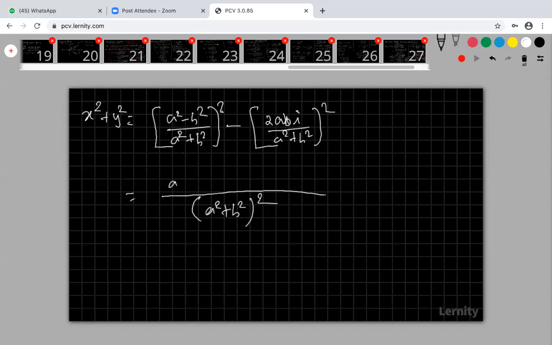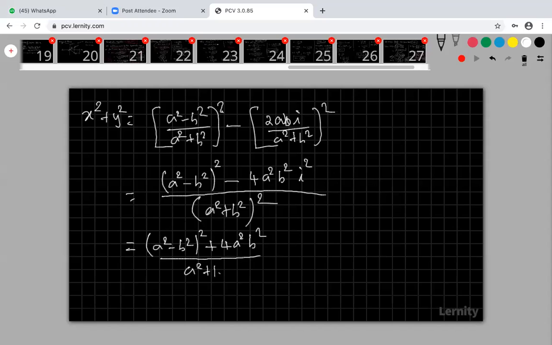The numerator is a square minus b square, the whole square, and here it is 2 square, 4, a square, b square, i square. What is my i square? My i square is nothing but minus 1, and minus 1 becomes plus 1. So therefore, a square minus b square, the whole square, plus 4a square b square, divided by a square plus b square, the whole square.